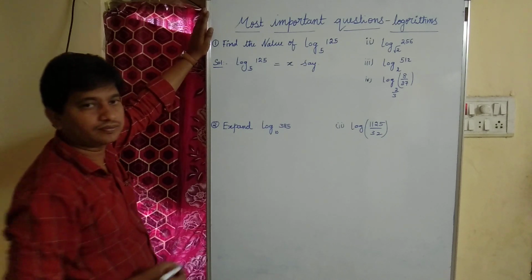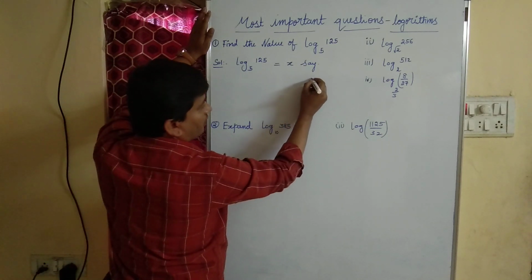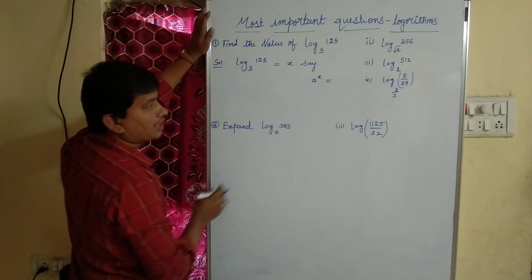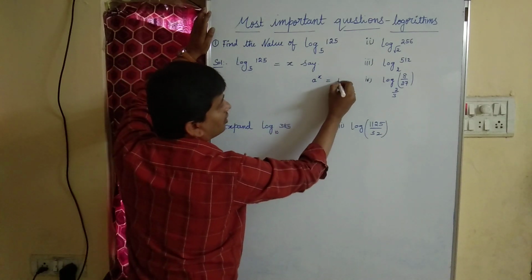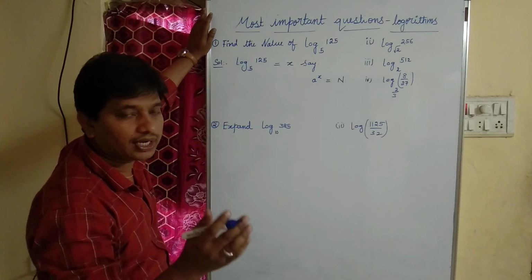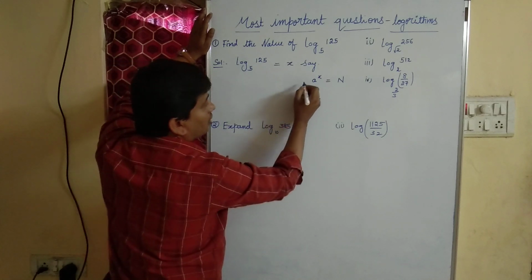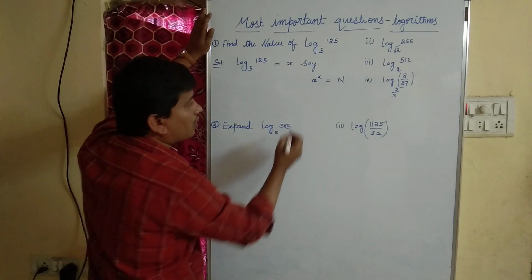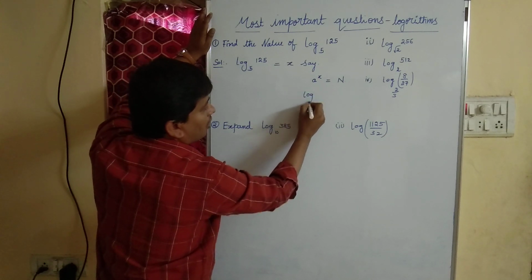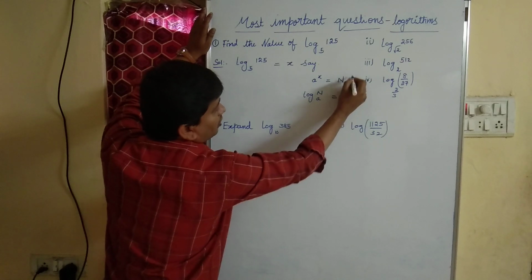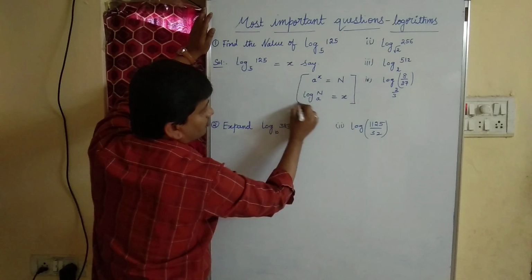You know children, we have exponential form, that is a power x equal to n. If a power x equal to n, if you want to convert exponential form into logarithmic form, that is log n to the base a equal to x.